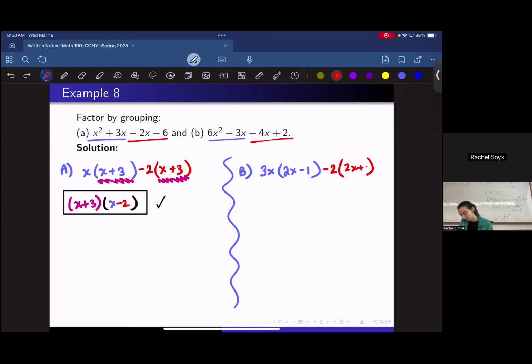Did we do this correctly? We did indeed, because what we have in the parentheses is exactly the same. So now we can pull out 2x minus 1 from each term. And then what are we left with? 3x minus 2. And we're done.